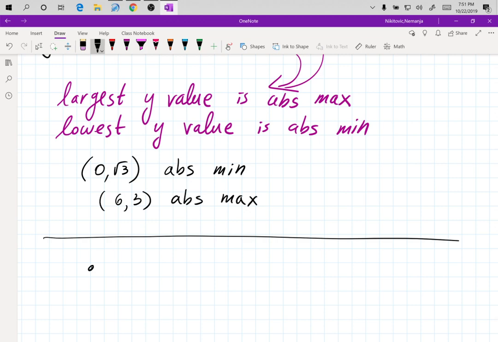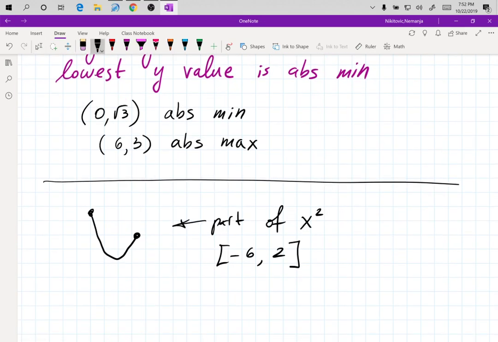So if I take a piece of x squared like this, say from -6 to 2, let's say that's the interval. This one over here is -6, and this one over here is 2.